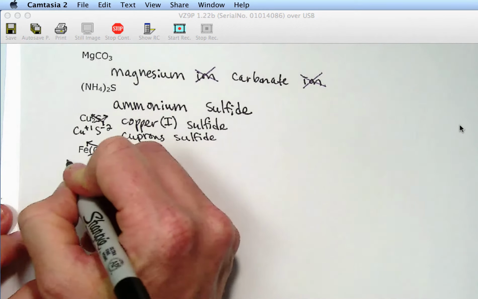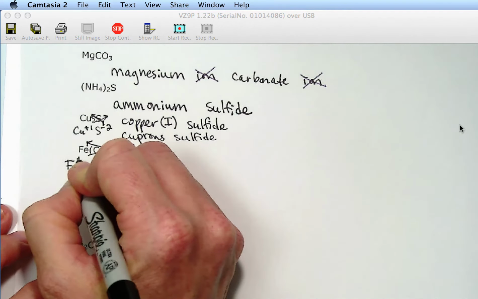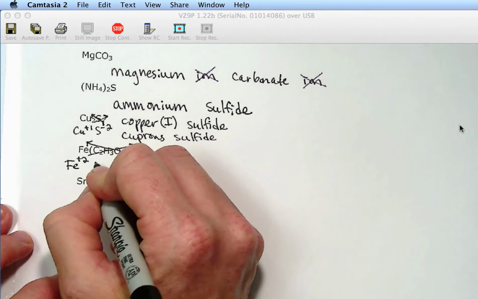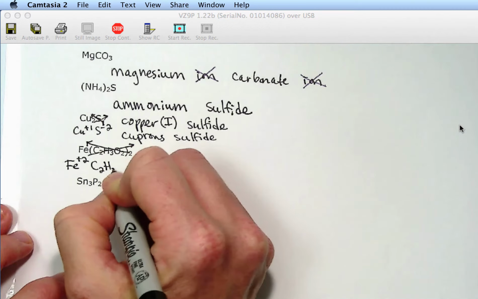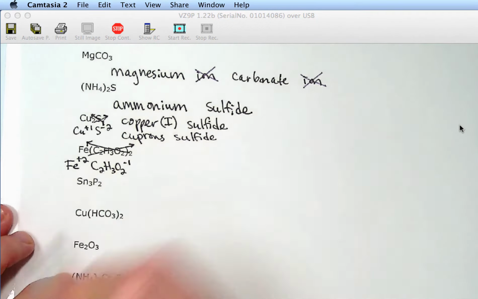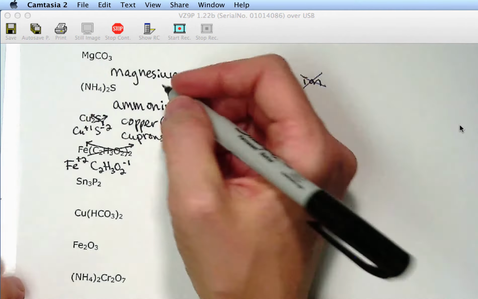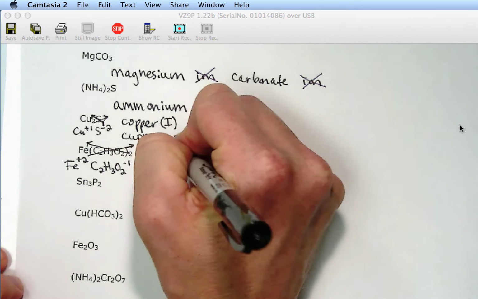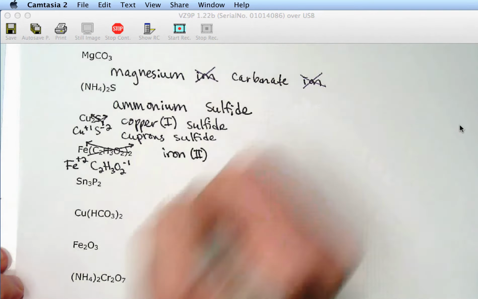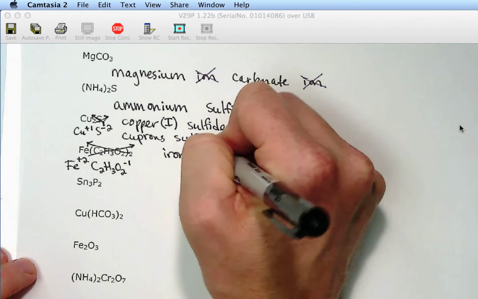So you're going to have Fe plus 2, acetate minus 1. So it's iron 2 acetate.